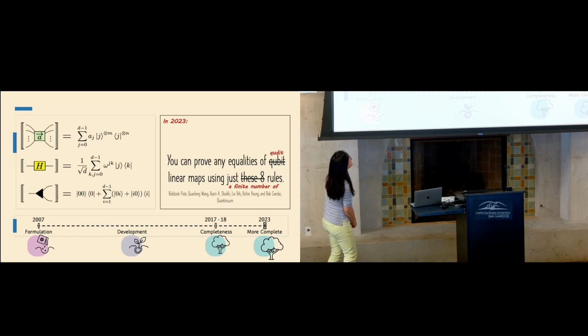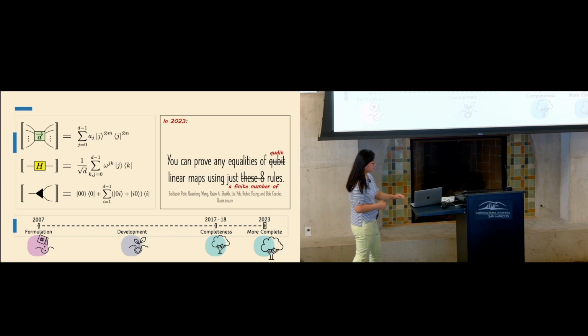Pushing this further, in 2023 was the next milestone of not just qubit quantum computation, but any finite dimensional quantum system, so also higher dimensional than qubits, and then a few months later, any finite dimensional Hilbert space, so any mixed dimensional quantum systems as well. So you could just use rules with these 3 ingredients here.